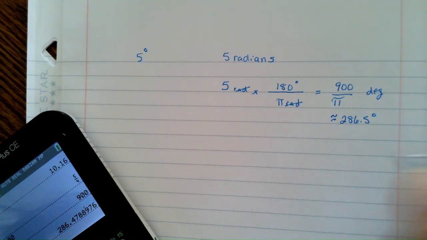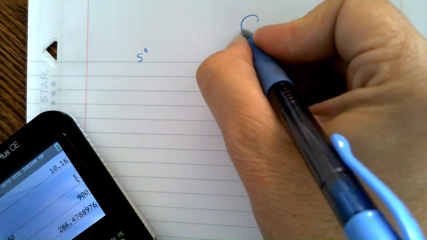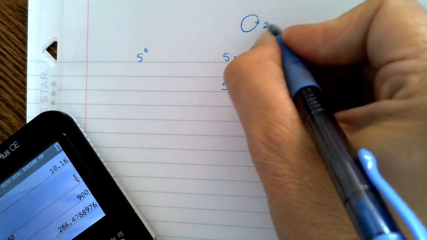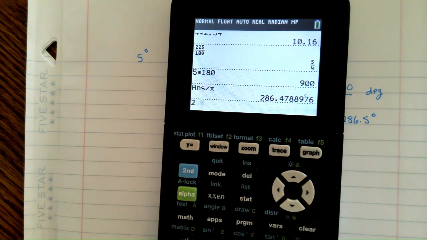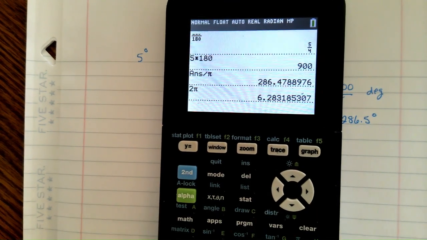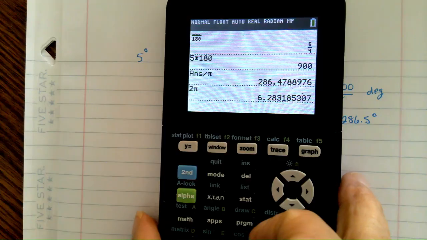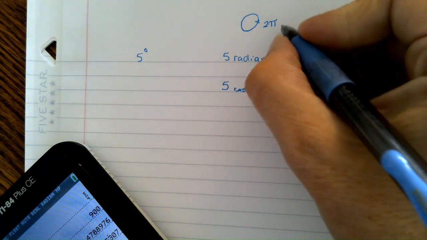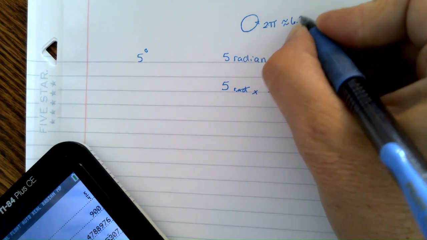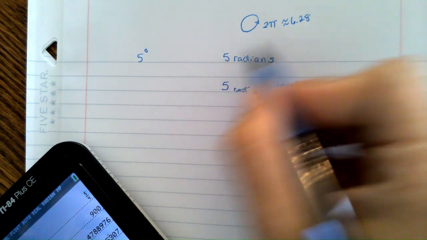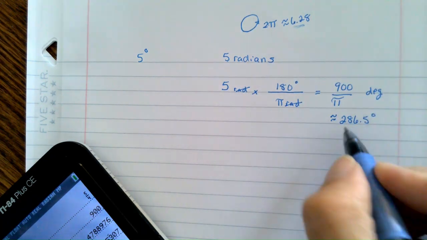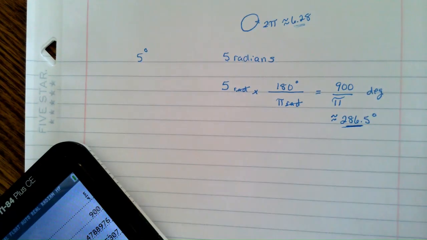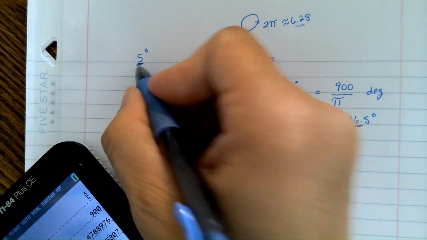Now that doesn't make sense. 5 radians is 286. Well, remember we said in radians, a full circle is 2 pi's. 2 pi's is 6.28. So 5 radians is almost a full circle, which is why we got such a large angle. 5 degrees is very tiny.